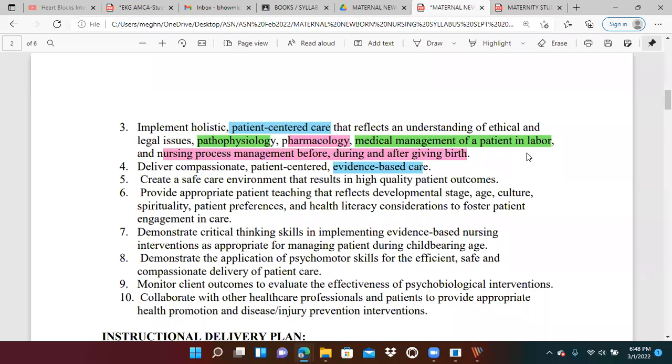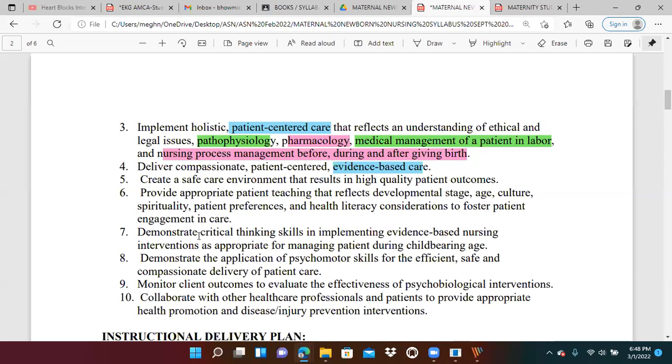And when we compare and contrast which one is the best, we apply it for the next. So I learn from my experience, I use it for my patient to improve the quality. It is evidence-based care. So create a safe care environment that results in high quality patient outcomes.